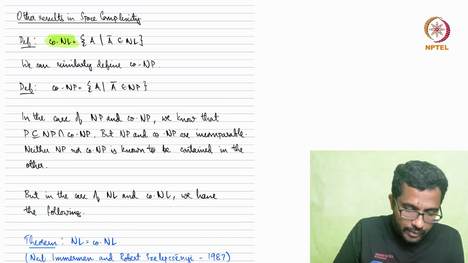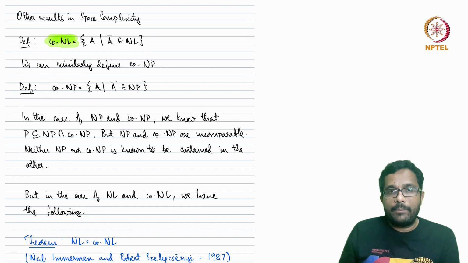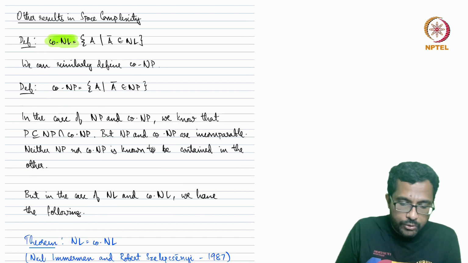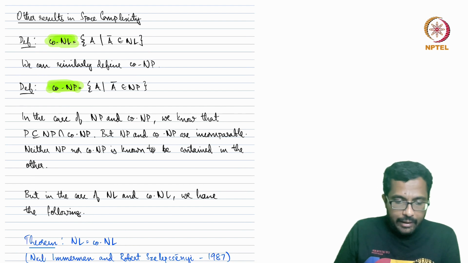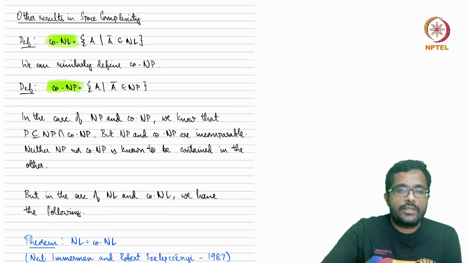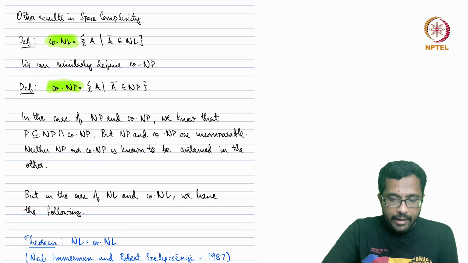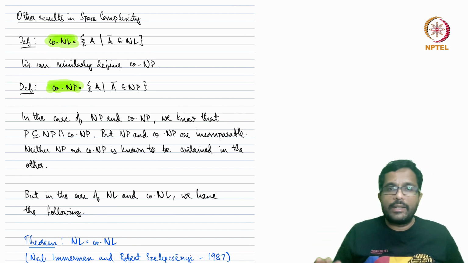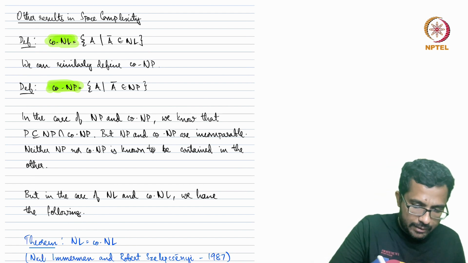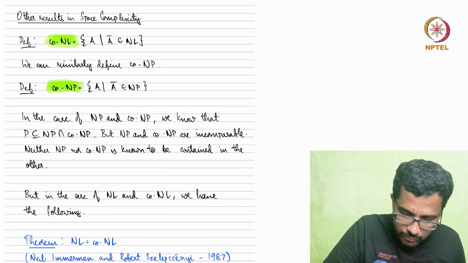Similarly, we can define co-NP, the set of languages whose complements are in NP. While I didn't mention this in this course, we don't know the relation between NP and co-NP.